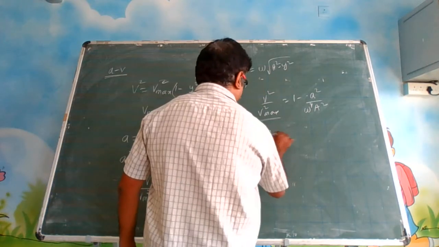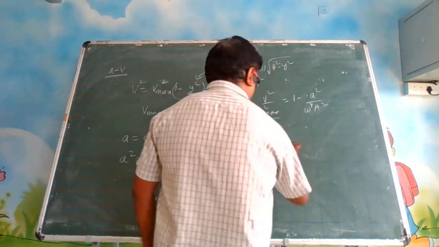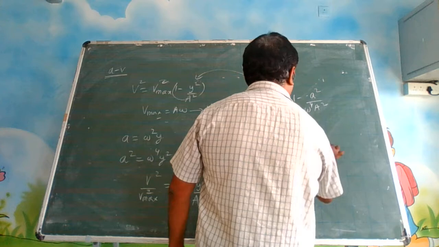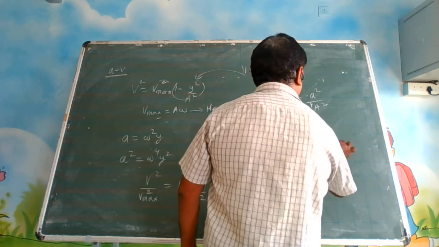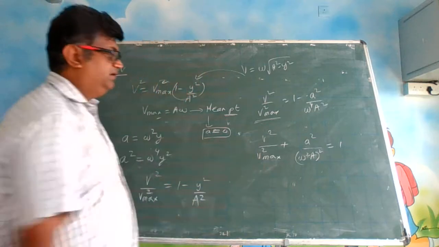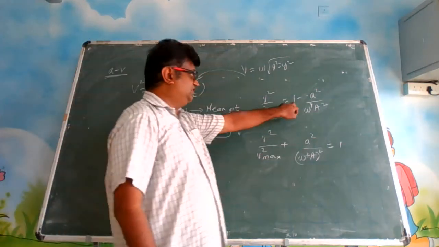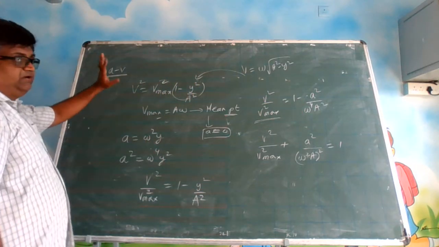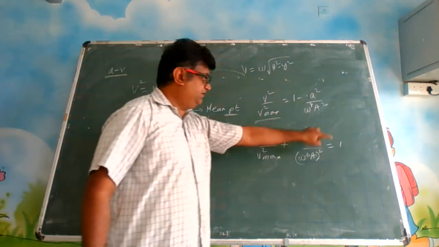Can you write it like this? v square by v square maximum, okay, plus a square by omega square A whole square is equal to 1. Can I write it like that? Okay, rearranging this equation. Basically what we are trying to do is draw a graph between acceleration and velocity. What type of equation is this?